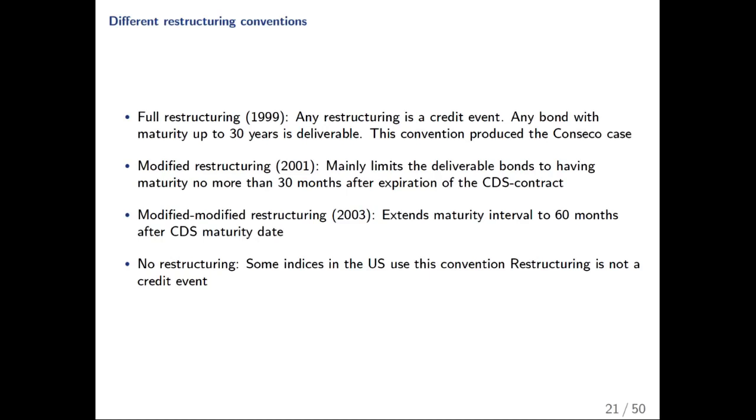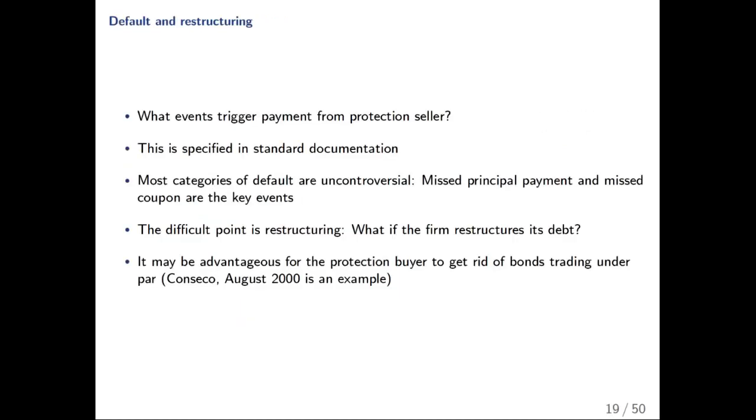So the Greek restructuring was one of the famous landmark cases in Europe. It's a super complicated process, and it really comes down to the legal people. What we're going to concentrate on today is the simple case, which is what happens when a firm defaults by not paying a coupon. This is very clear.